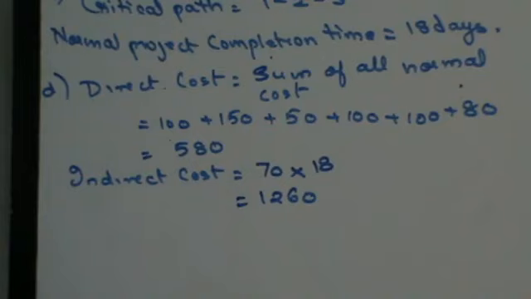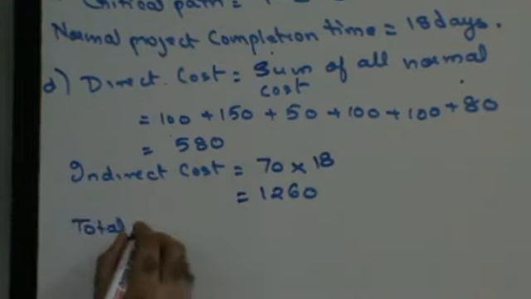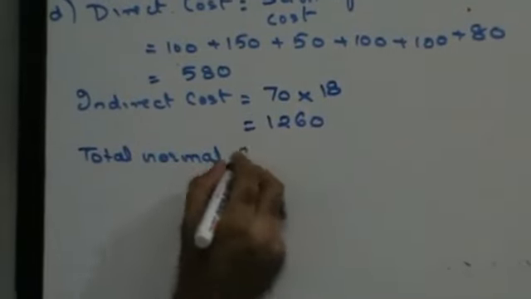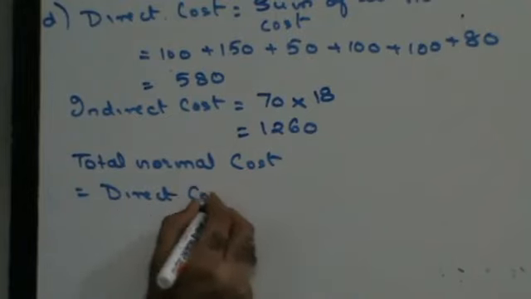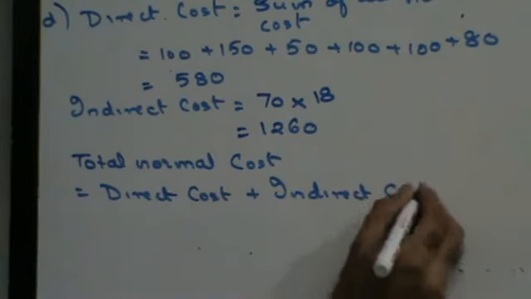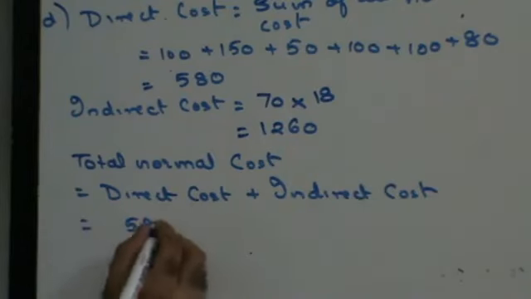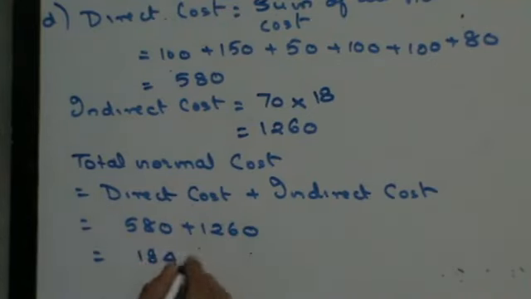Total normal cost is given by the formula direct cost plus indirect cost. Direct cost is 580, indirect cost is 1260. When you add this, you will get 1840. So to complete this project, I'll have to spend 1840, right?